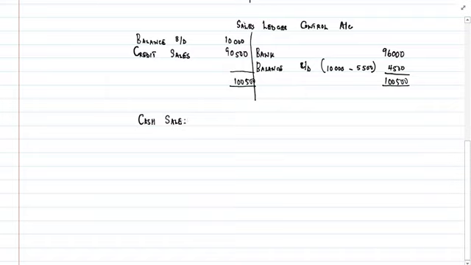So cash sales will be equal to total sales minus credit sales. Right, total sales, they are 120,000 minus credit sales of 90,500.